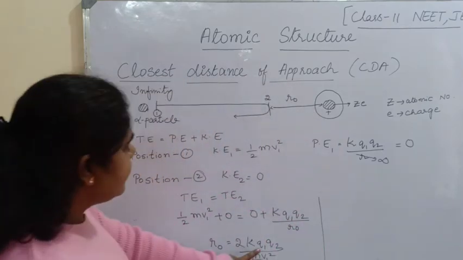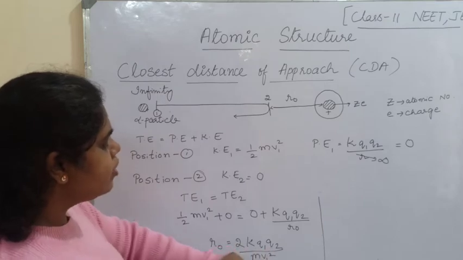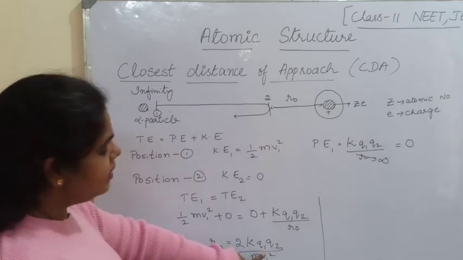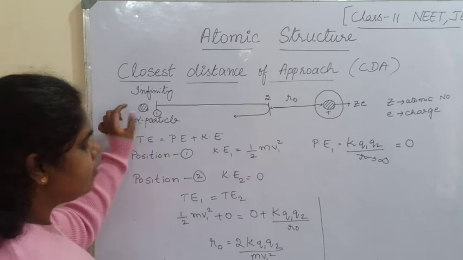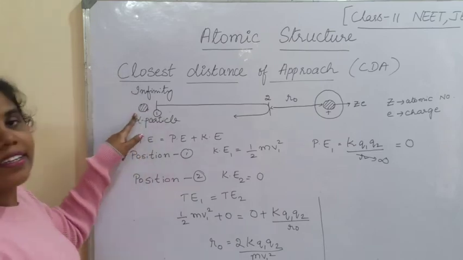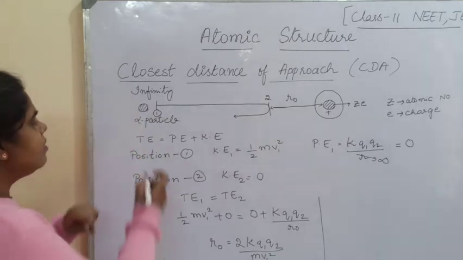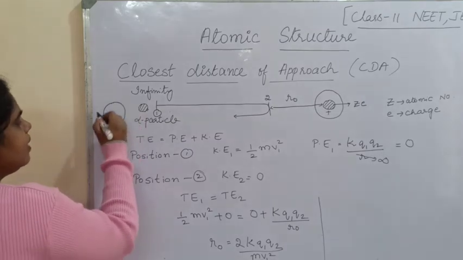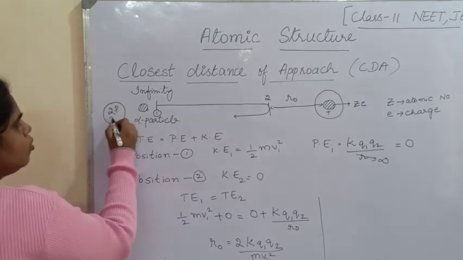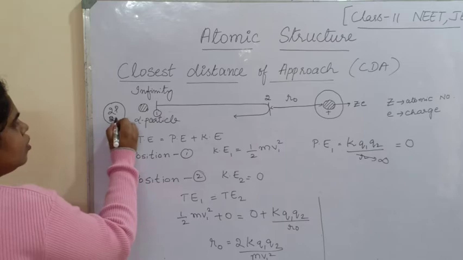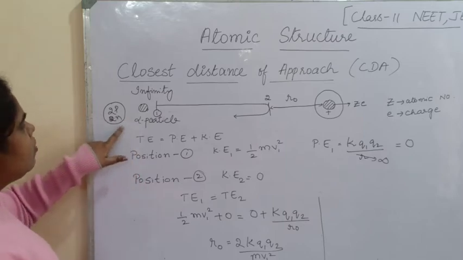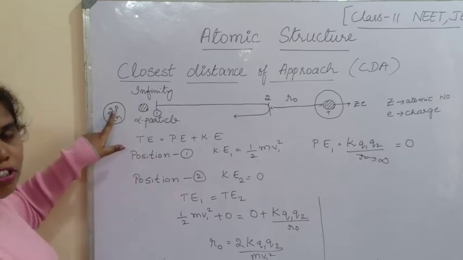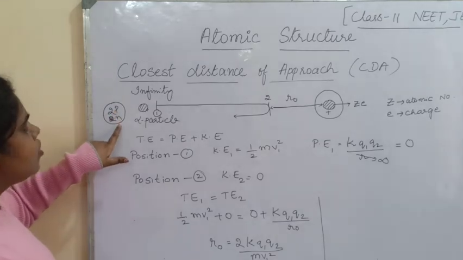Now let us substitute the values for Q1 and Q2. What is Q1? Q1 is the charge of the alpha particle. You know that the alpha particle has 2 protons and 2 neutrons. The charge will be only due to protons, because protons are positively charged and neutrons are neutral in nature.